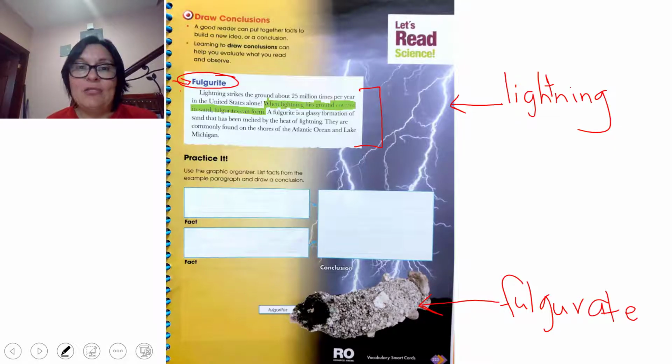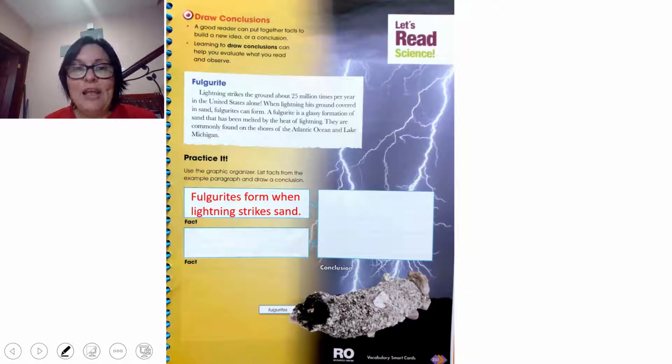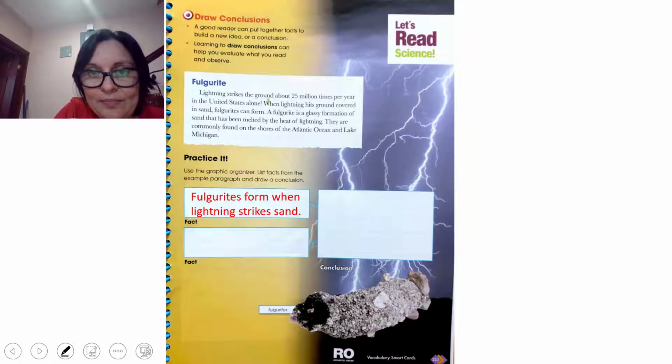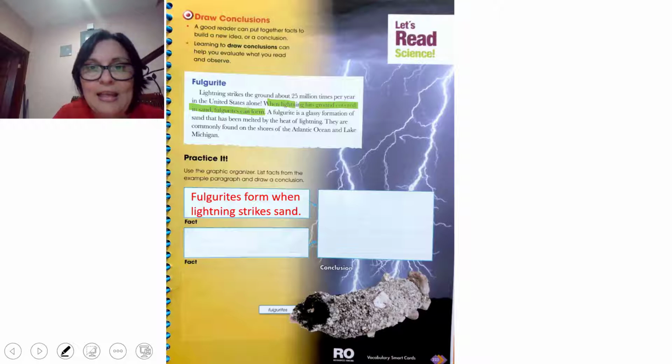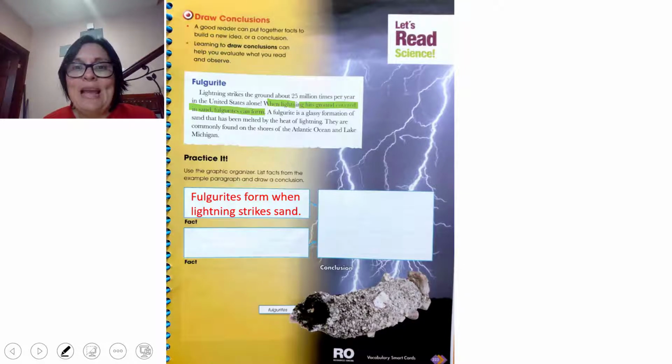So let's write them in your own words. We can say, let me underline it again: when lightning hits ground covered in sand, fulgurites can form.